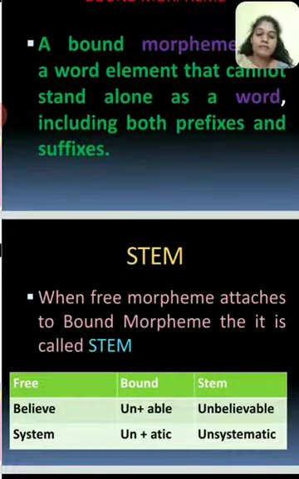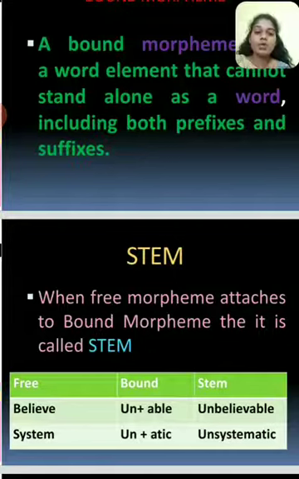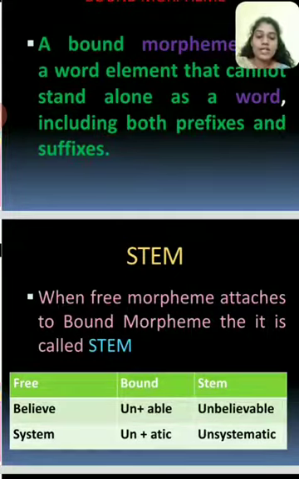Next one, stem. With the help of free and bound morphemes, these two used together form the stem, the basic word form. For example, undressed.